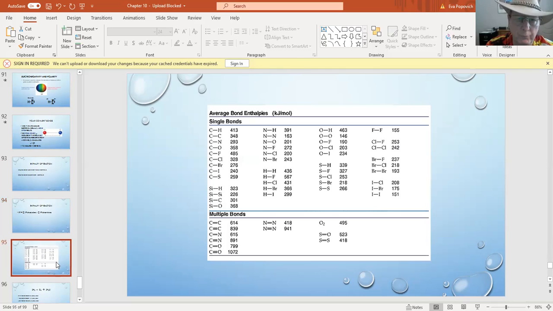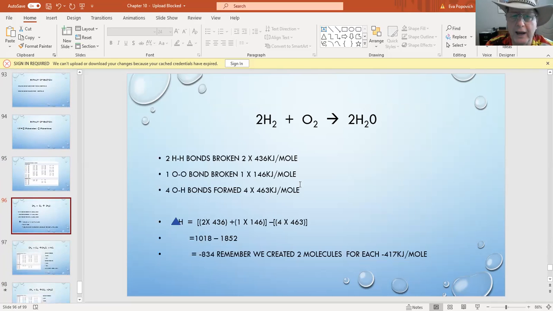All right, so if I have a reaction, I have 2 hydrogen molecules plus 1 oxygen molecule, making 2 waters. You got to sit and analyze what's happening. I've got 2 H2 molecules. I have an H and an H and an H and an H. Is that correct?